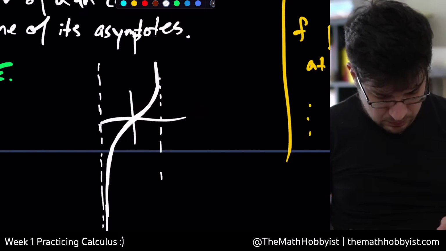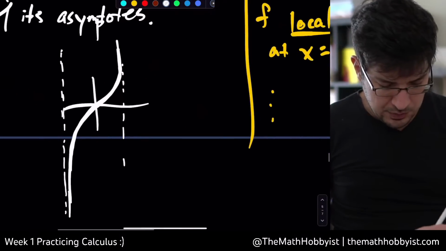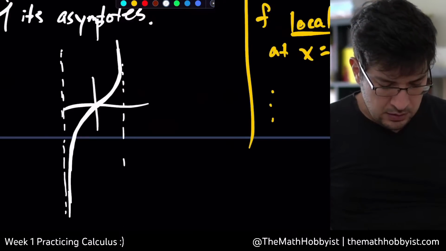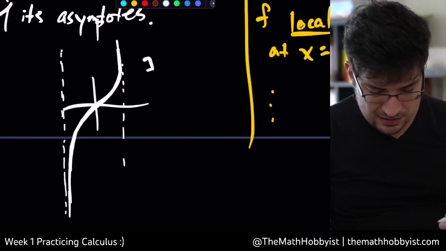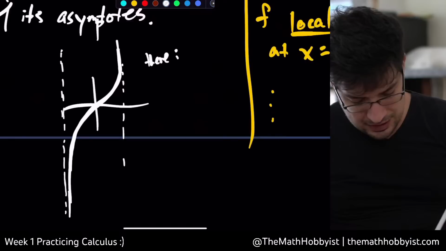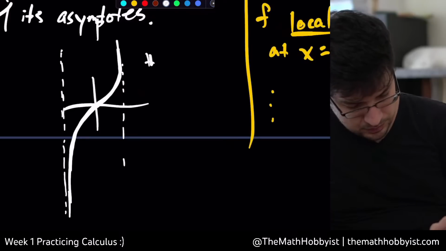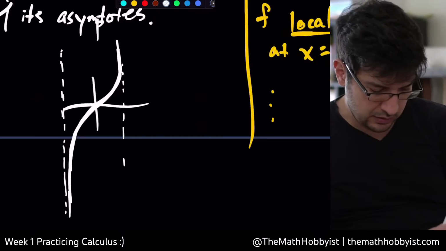It can be a vertical asymptote, which means that when I don't have, yeah, all right. There is no, wait, I don't know if I can write this clearly right now.